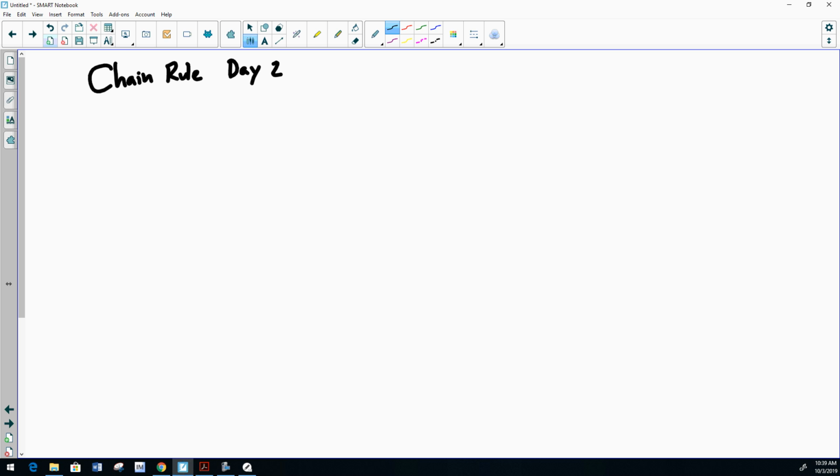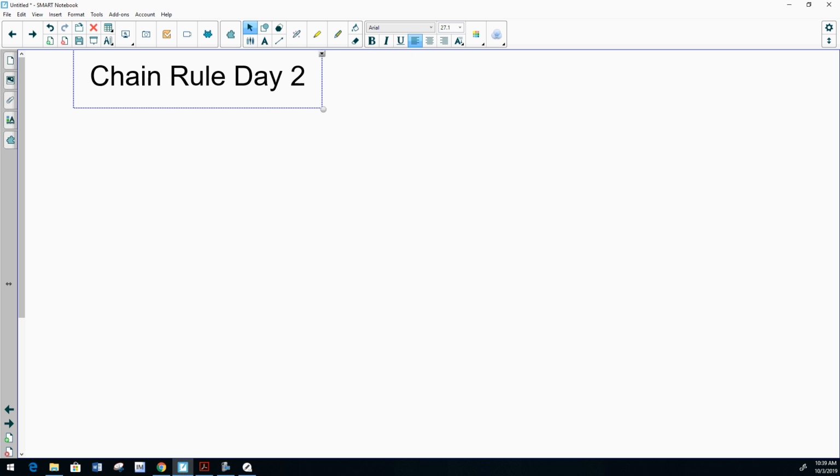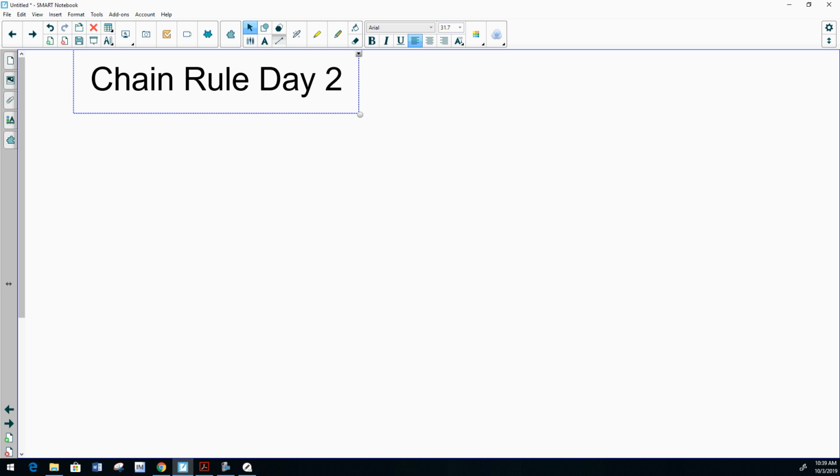Today we're going to focus on these derivatives. So you should already know the derivative of sine is cosine. Derivative of cosine is negative sine. So today we're going to focus on e to the x is e to the x. This one's going to be a new one.